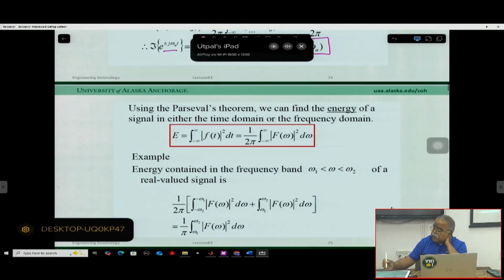Now there is another thing which is very important in the Fourier transform: Parseval's theorem.